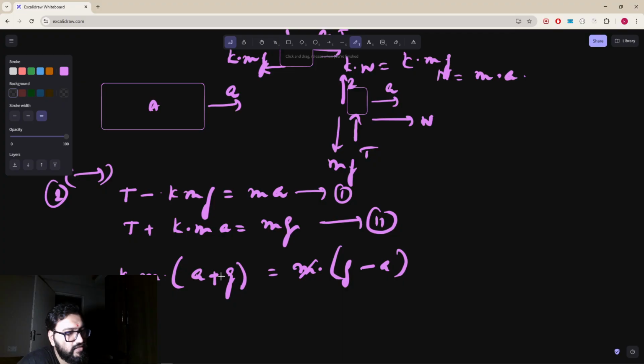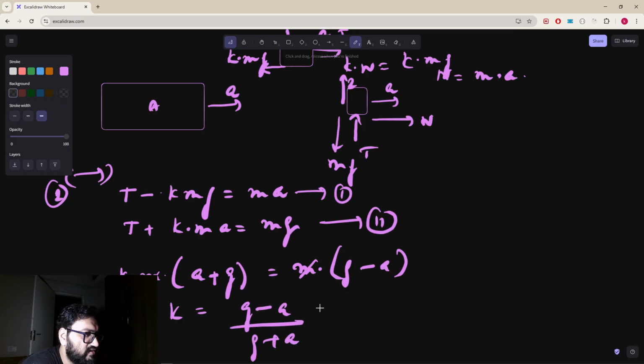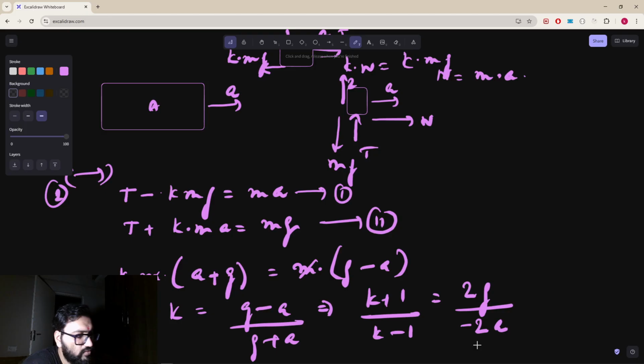The m gets cancelled, so I get k equal to (g minus a) divided by (g plus a), and if I apply componendo and dividendo, I get (k plus 1) divided by (k minus 1) is equal to 2g divided by minus 2a.